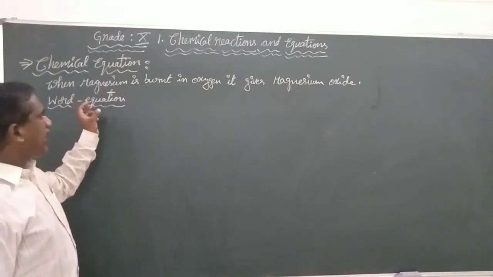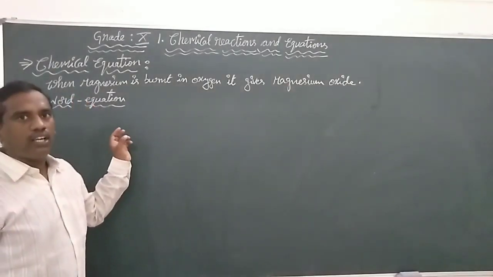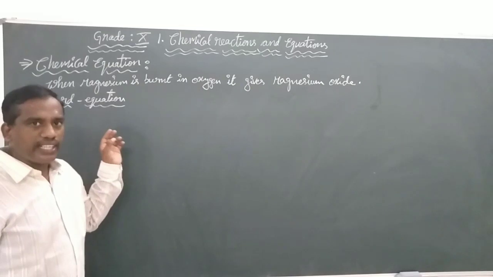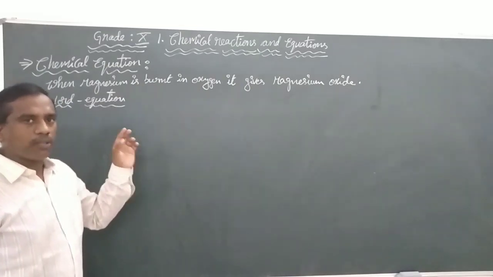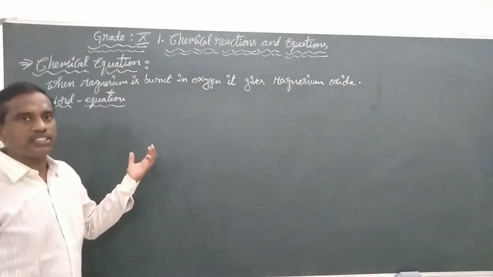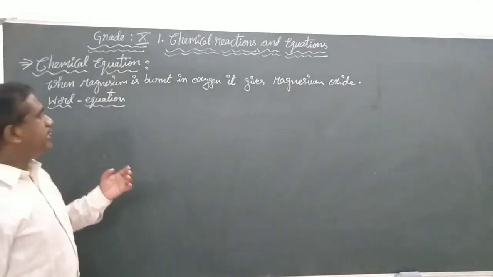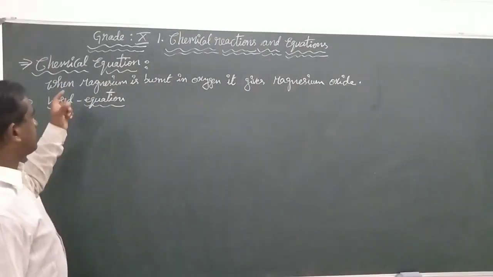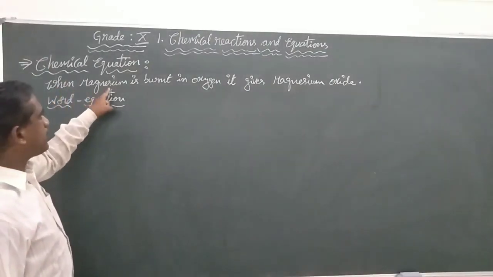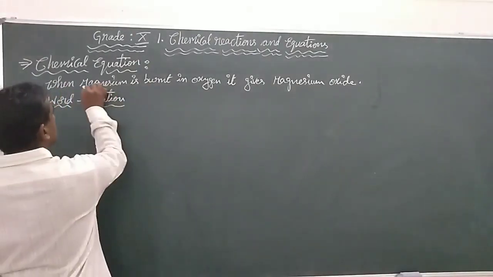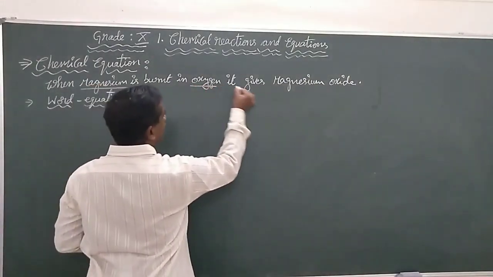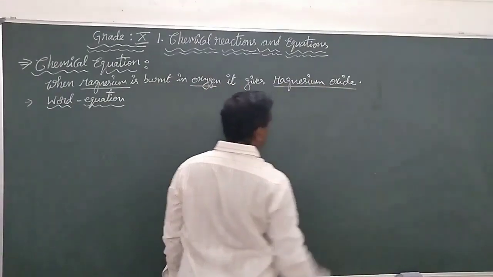Here, when we are writing the word equation, we will take the reactants and the products, whatever the substance may be, in the form of words. Previously we had seen, magnesium is burned in oxygen to give magnesium oxide.